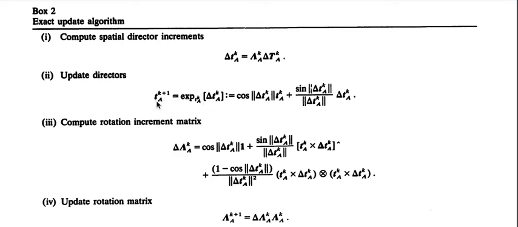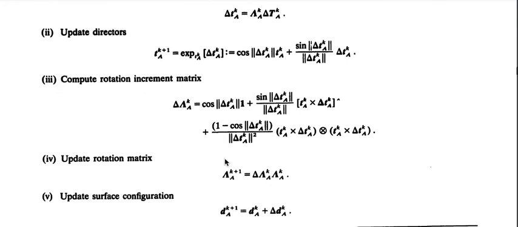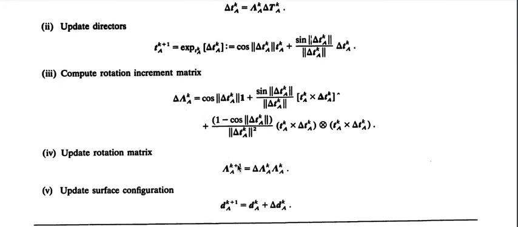We have already learned about this in the geometric preliminaries, and then we get this updated director vector, and we also solve for the corresponding change in the rotation matrix. That is also solved in terms of the same delta t quantities, and that will update our lambda k.